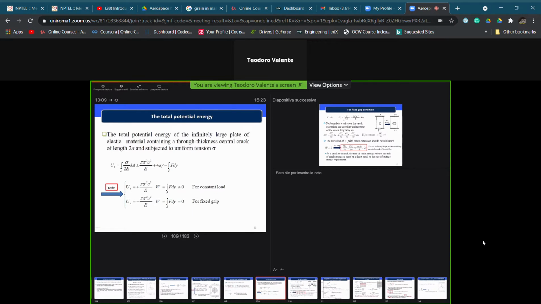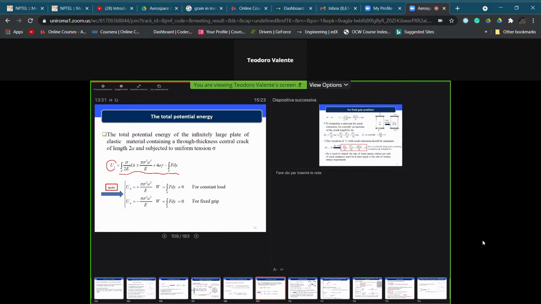And so, having defined the terms of the simple and general equation as previously discussed, we can write the expression of UT as reported in this formula, where you see we can have 2 possibilities.